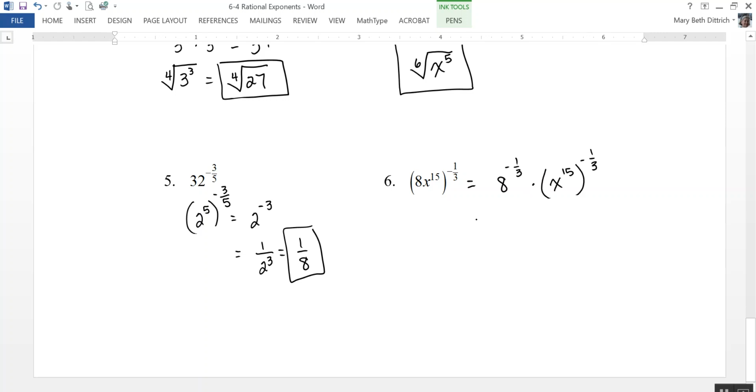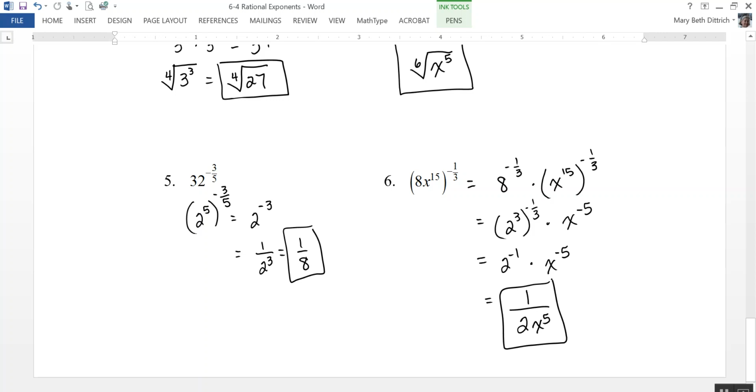And I'll simplify each one of those. 8 to the negative 1/3 power, I'm going to go ahead and write 8 as 2 to the 3rd power to the negative 1/3. And then you can see what happens here when I multiply the exponents. I'll get x to the negative 5. Multiplying my exponents here on 2, I'll get 2 to the negative 1 times x to the negative 5. And that's going to be the same as 1 over 2 times x to the positive 5th.